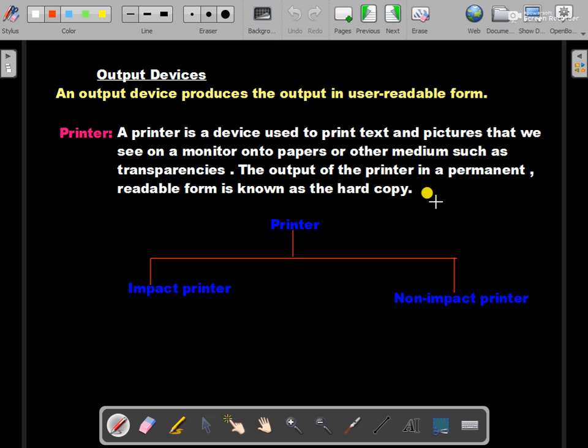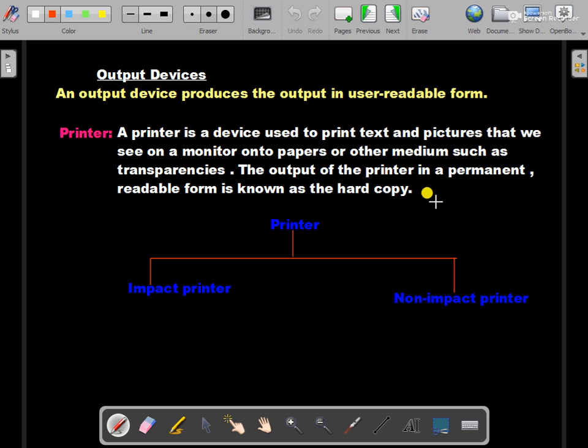We have already learned about two output devices, monitor and speakers. Today we will learn more about some output devices.